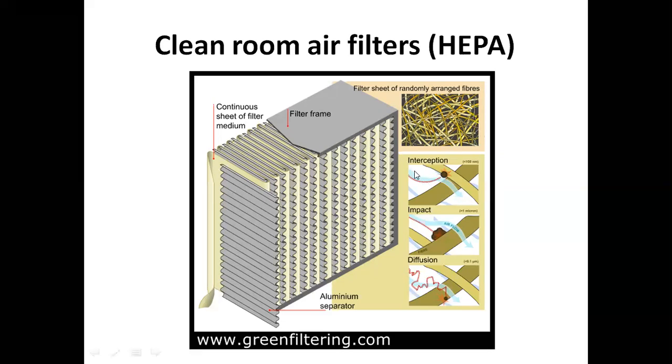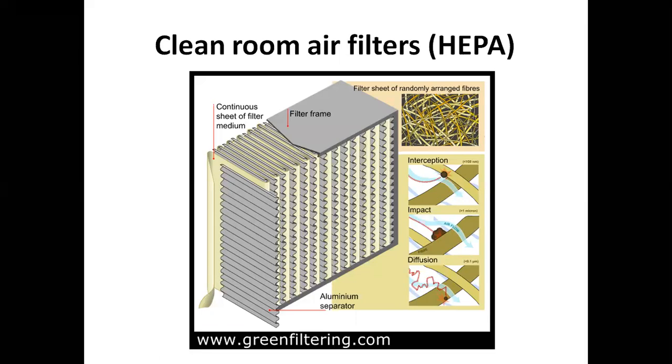One of the methods is interception. So this is a fiberglass fiber, and a particle is coming and hitting the fiberglass, and it is intercepted, so it would stop. Direct impact: some particles would have a direct impact with the glass fiber.